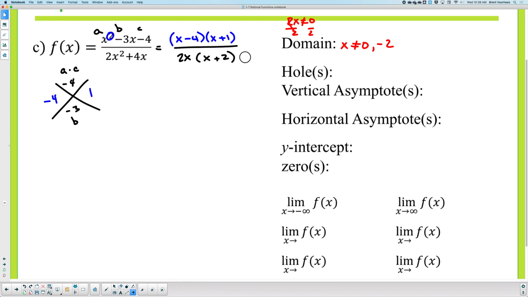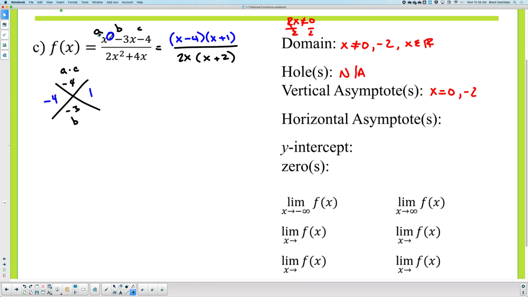What can x equal then? All other real numbers, good. Do we have any holes? You look, does anything cancel out? No holes. Do I have any vertical asymptotes? Yes, any factor left over, which we already solved here, at 0 and -2.